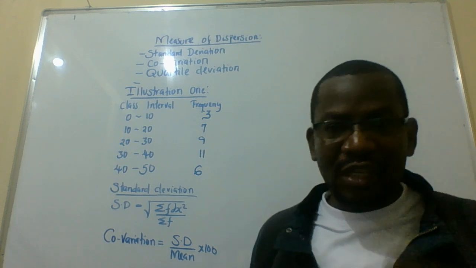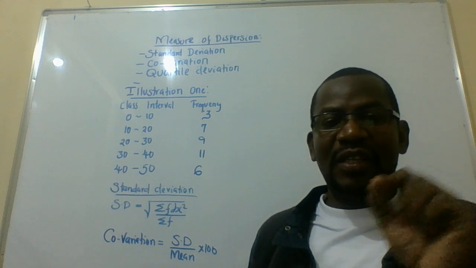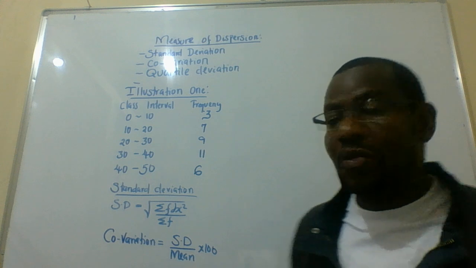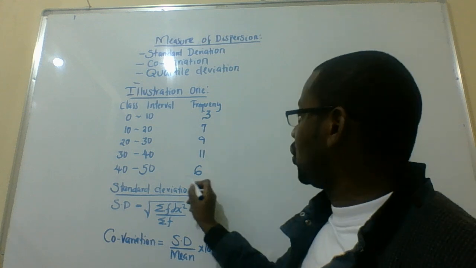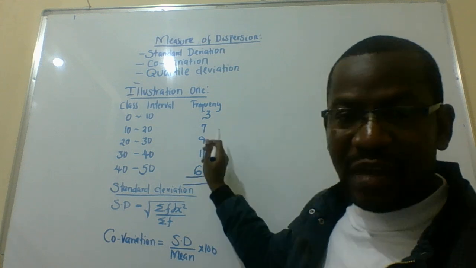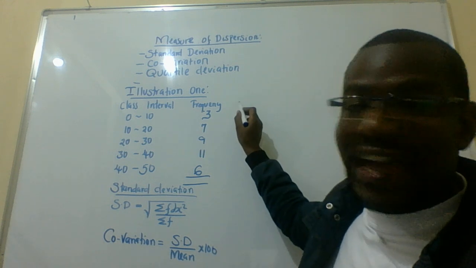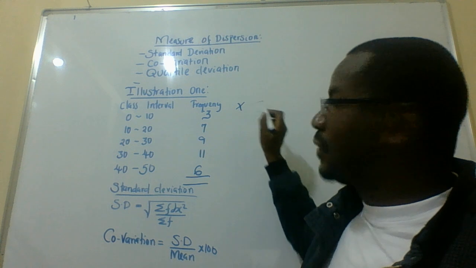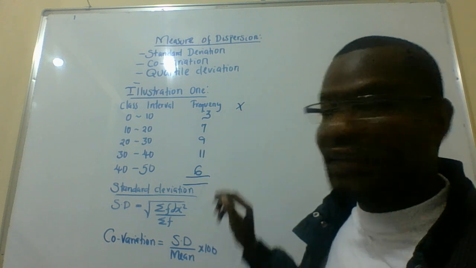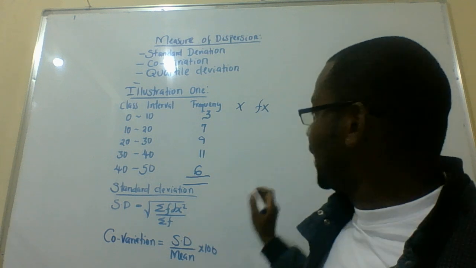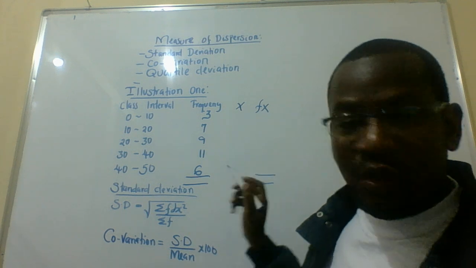Therefore, let us get the midpoint. Let us come up with fx and get the sum. So here we go. The total sum of frequency, we need to come up with x and a column for fx, and therefore get the sum of fx.